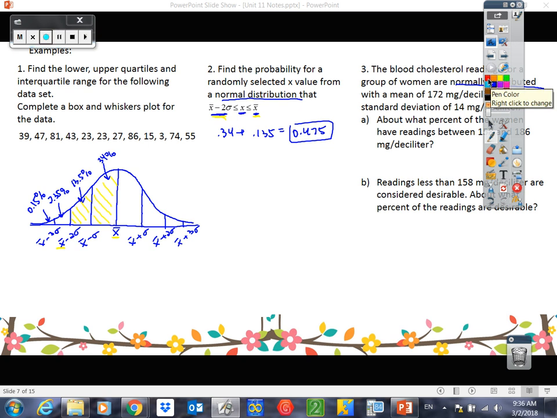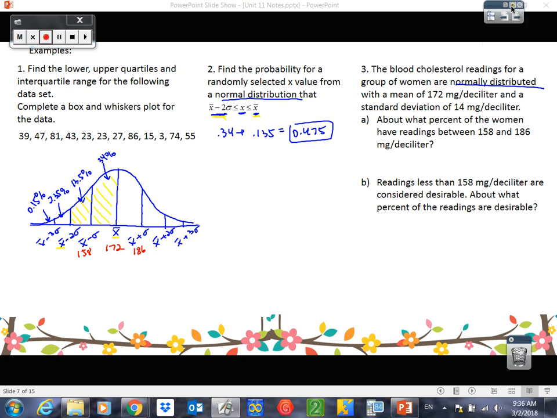Since I have that graph drawn over there, I'm just going to put these numbers on the graph. 172 is our mean, and it says our standard deviation is 14. So 172 minus 14 is 158, and 172 plus 14 is 186. This is just going to help me because I know they're going to ask me questions that have to do with standard deviations. So there we go. So let's keep reading.